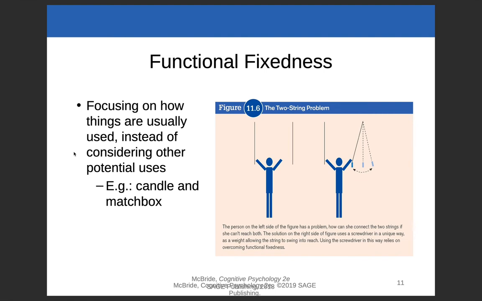And so you're thinking about it, and you think maybe can I push tacks through the candle? Nah, that won't work. And the solution is really simple. The solution is basically empty the box of thumbtacks, then tack the box to the wall, and then put the candle on top of the box.